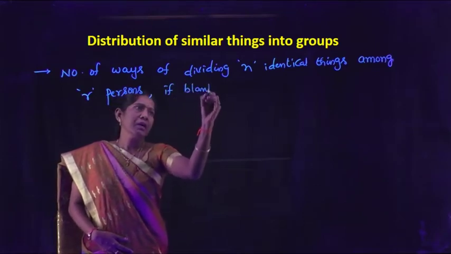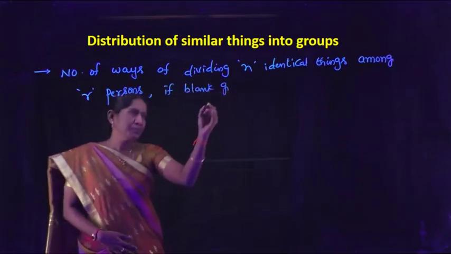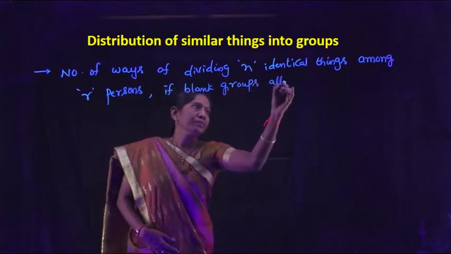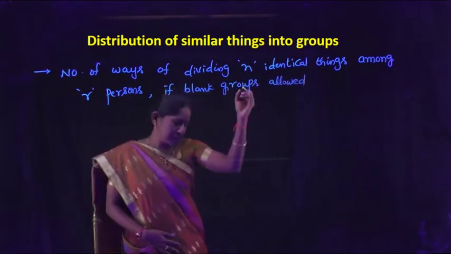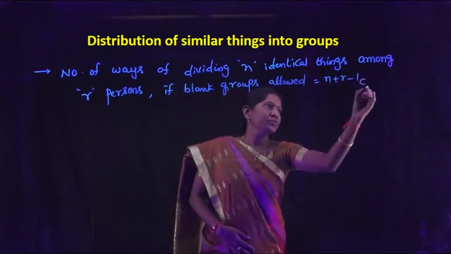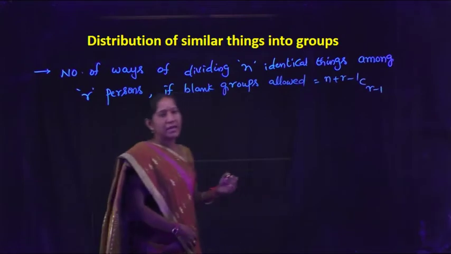If blank groups are allowed, that is n plus r minus 1 c r minus 1.